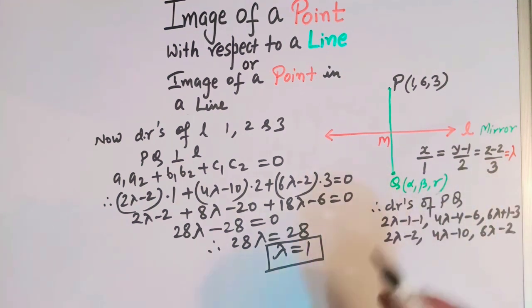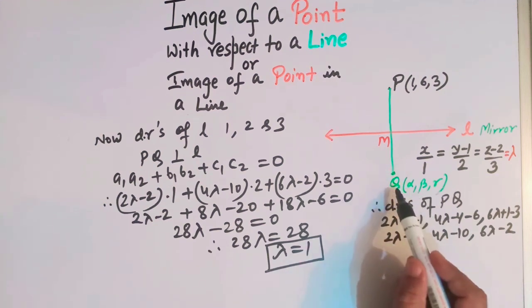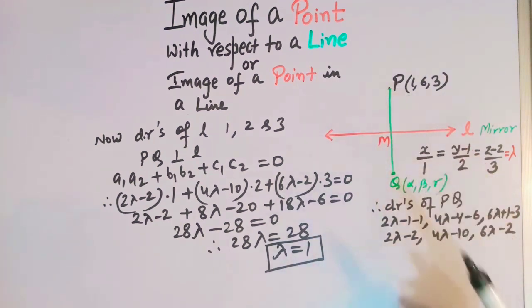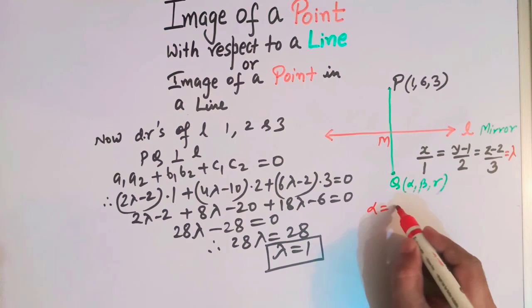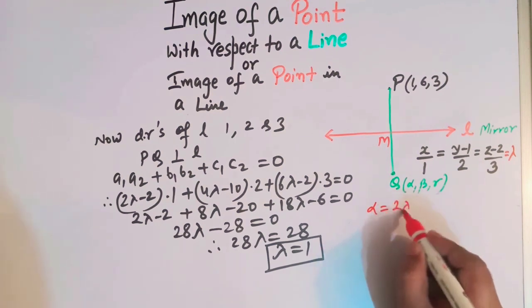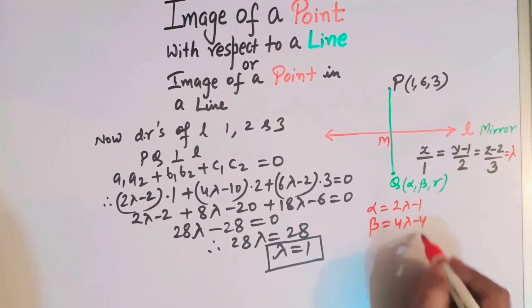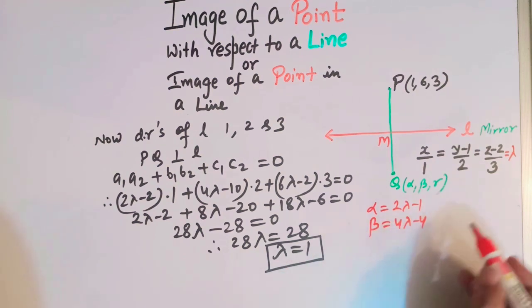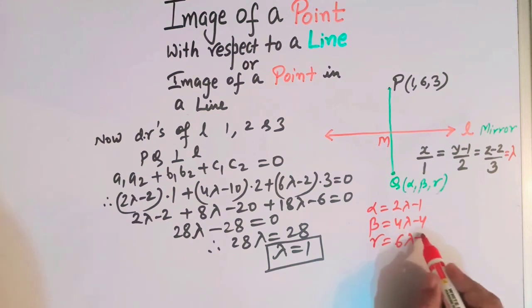Hence the coordinates of the point Q, which is the image of point P, are given by alpha is 2 lambda minus 1, beta is 4 lambda minus 4, and gamma is 6 lambda plus 1.